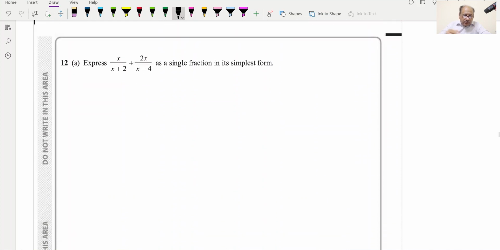Now the question number 12, A part, express this algebraic fraction expression in its simplest form.